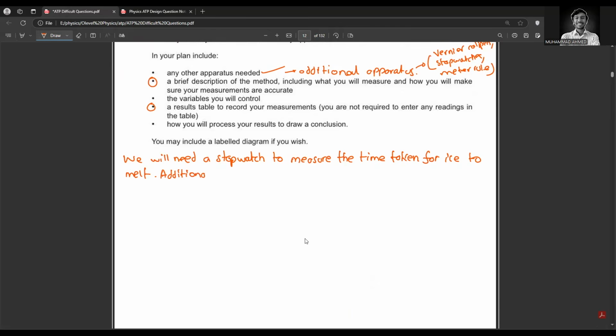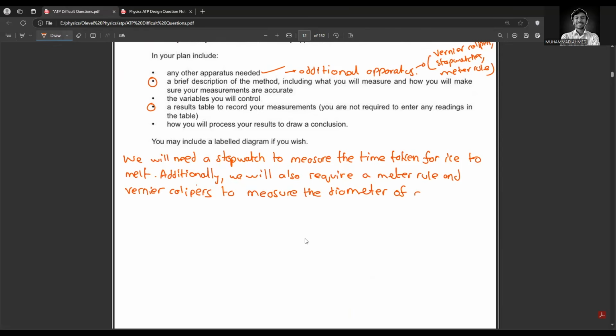Additionally, we will also require a meter rule and vernier calipers to measure the diameter of glass beakers.